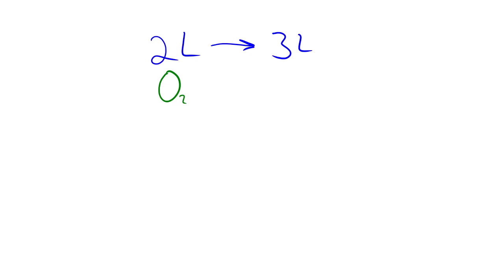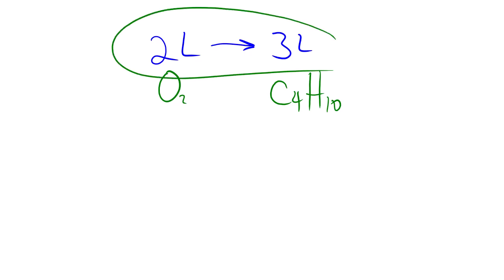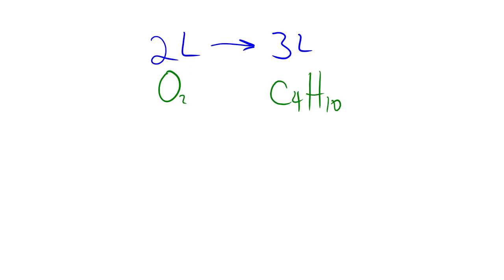Then for the petrol, let me say butane gas, not petrol, C4H10 for butane. Now the reaction between oxygen and butane in this example says that 2 liters of oxygen will need 3 liters of butane, or will burn 3 liters of butane.